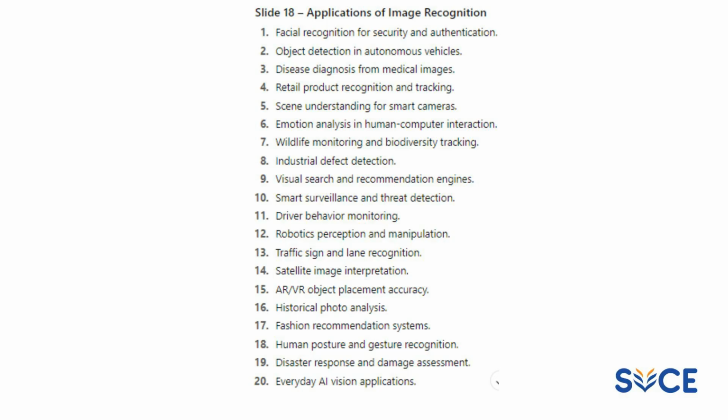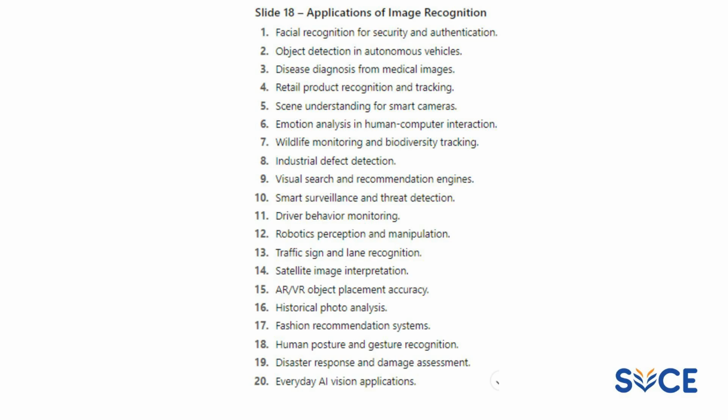Some of the advantages of image recognition are that it reduces manual inspection and monitoring and can detect subtle patterns not easily seen by humans. It processes large volumes of visual data quickly and also works in various environments, from factories to cities.